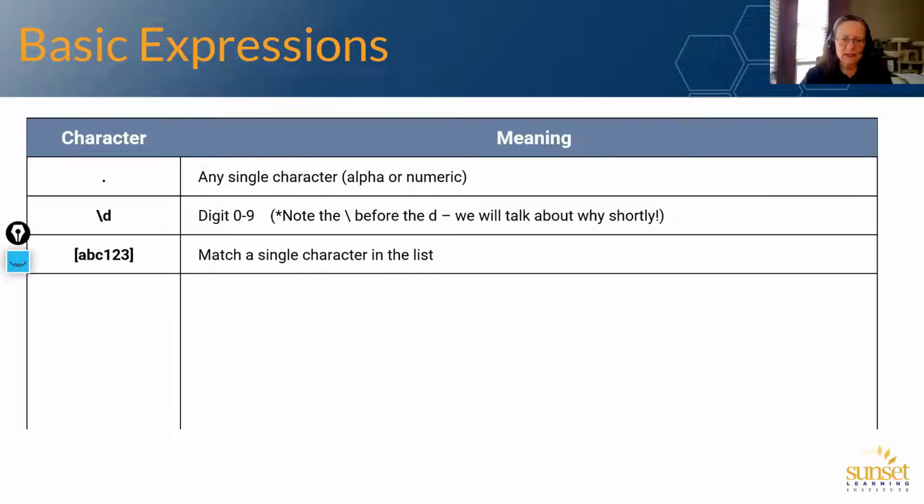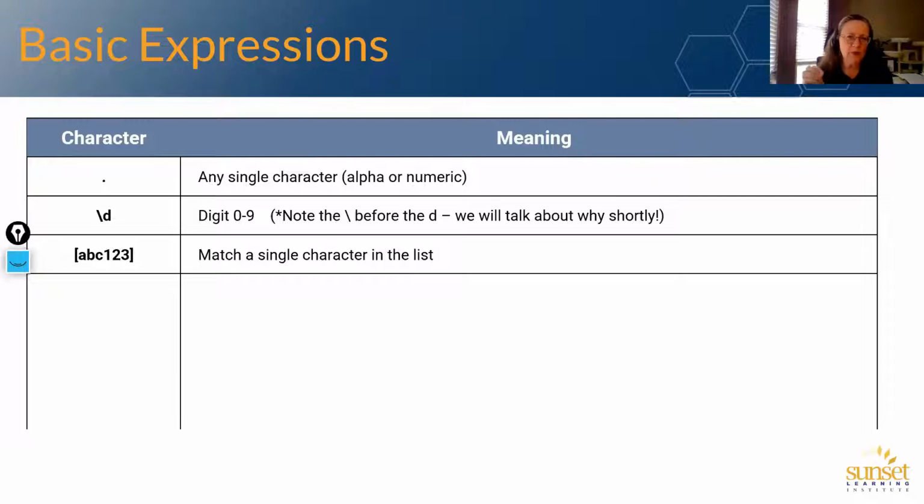Just like in CUCM, if you see square brackets, we're talking about one character, something in this list. Now I'm making a specific list here. It can be an alpha character inside the list. It could be a numeric character inside the list. Again, could be a diacritical mark like an ampersand or whatever inside.